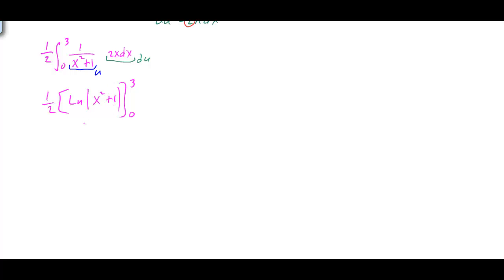One thing I do want to point out before I do this: notice here we took the absolute value of x squared plus 1. And you may see this happen. Why did we put this in absolute value? We put it in absolute value because this quantity x squared plus 1 must be positive in order to take the natural log. Well, if we plug a number in for x and we square it, that's always going to be positive, and if we add 1 to it, that's still going to be positive.